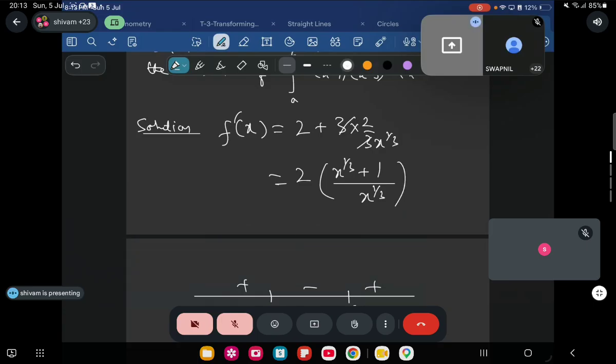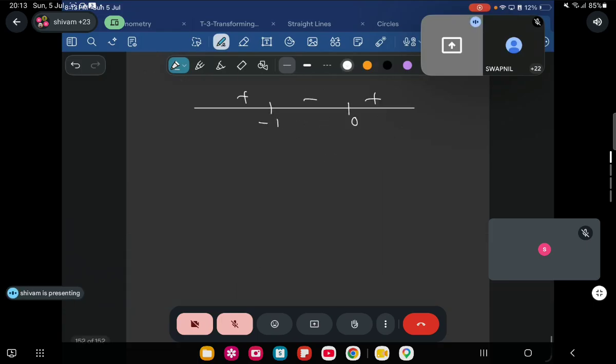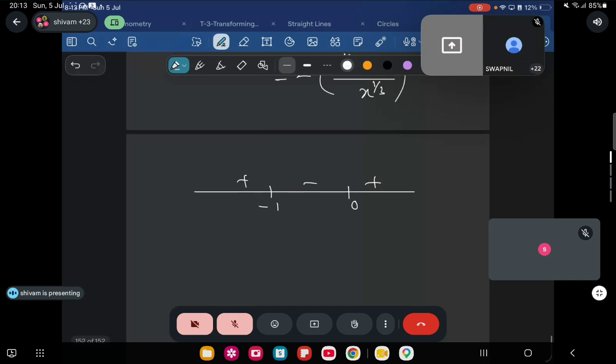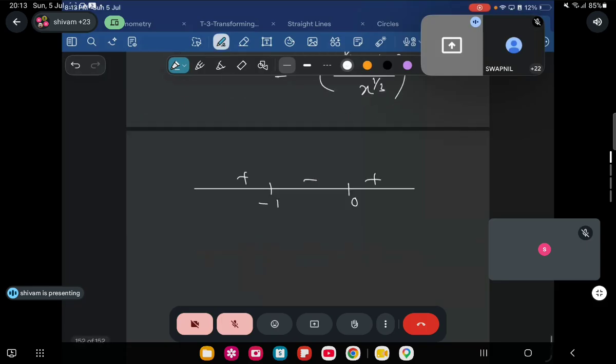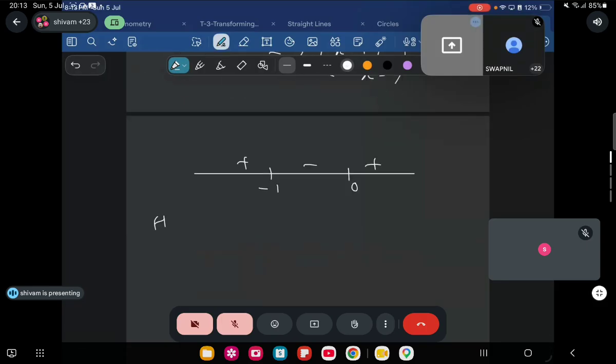Now you can see at minus 1, it is differentiable. At 0, it is non-differentiable. Over here, f dash 0 is not defined.